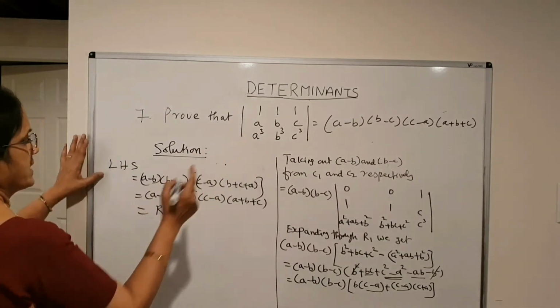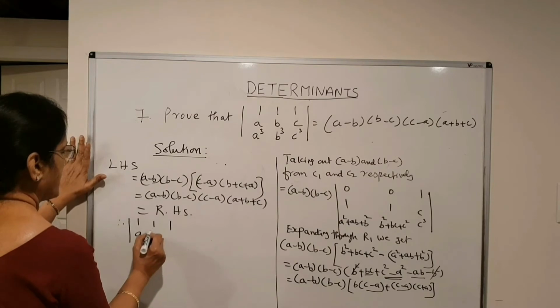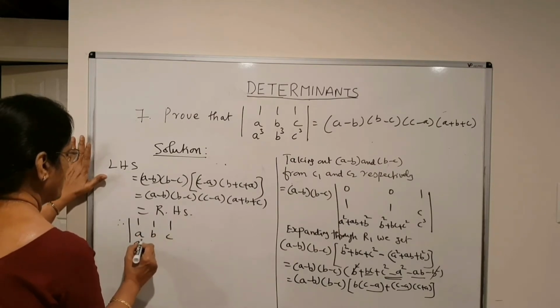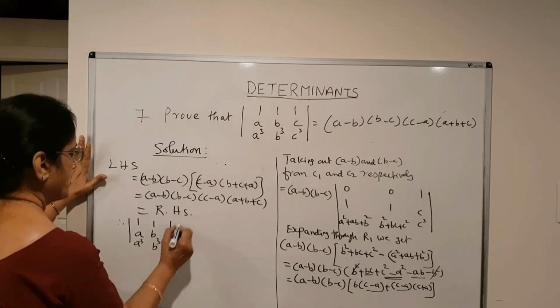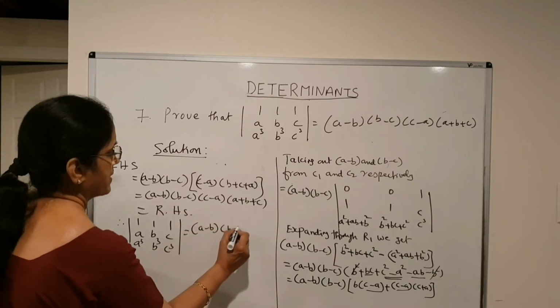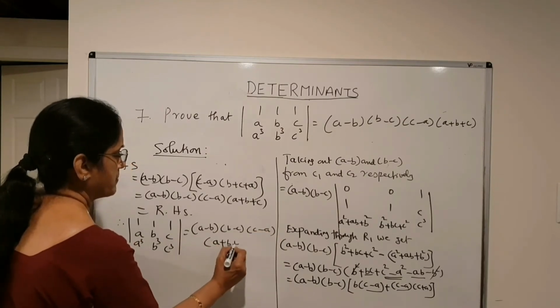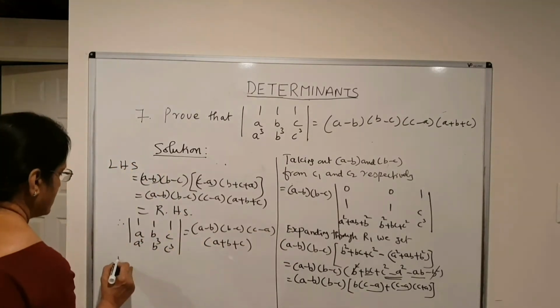Okay, so what do I get now? Therefore, determinant 1, 1, 1, A, B, C, A cube, B cube, C cube is equal to A minus B into B minus C into C minus A into A plus B plus C. We need to write the answer.